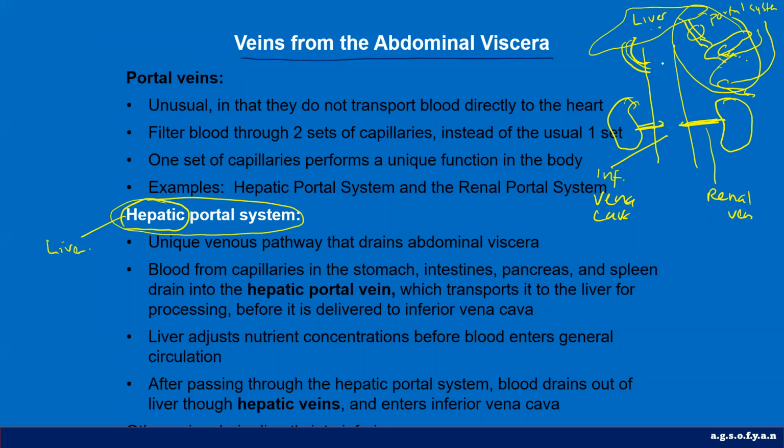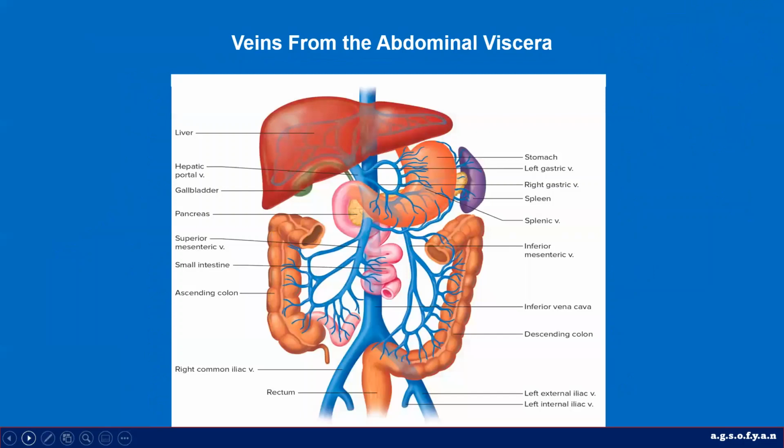And then the inferior vena cava will carry blood back to the right atrium. Okay, so this is a special circulation between capillaries, called the portal system. Okay, this is the diagram that shows you this portal system. Remember again, if it is the kidney over here, then the kidney will return the blood directly to the inferior vena cava.